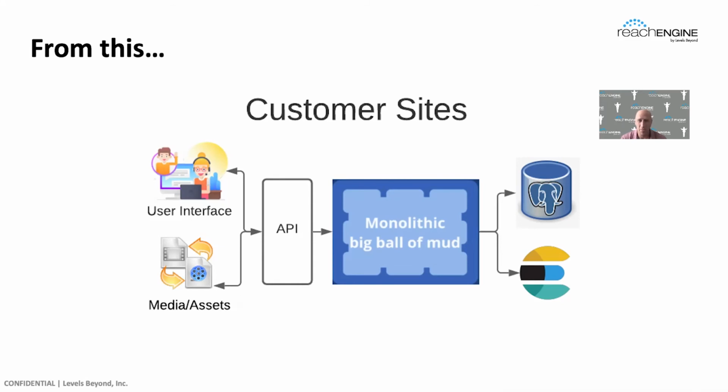Yeah, it was sort of load balanced, but there's a lot of state in this monolithic architecture. We had a Postgres database. We had the ability to search with Elasticsearch. We had an API sitting in front of all this and a user interface and the ability to manage media and assets through those workflows. And that was essentially it.